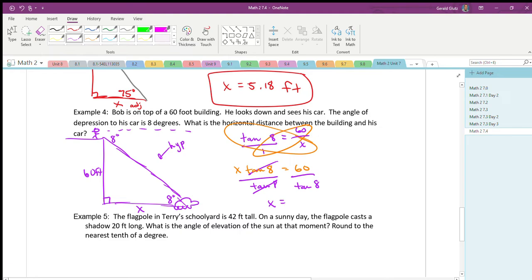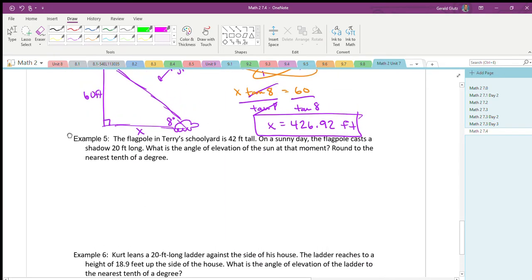So x is going to equal 60 divided by tangent of 8. So 60 divided by tan 8. 426.92 feet. So that's how far away the car is from the building.